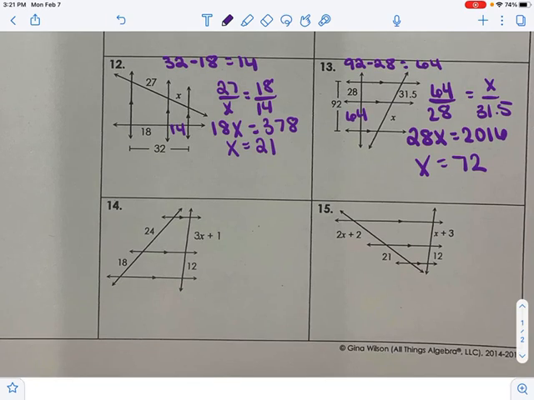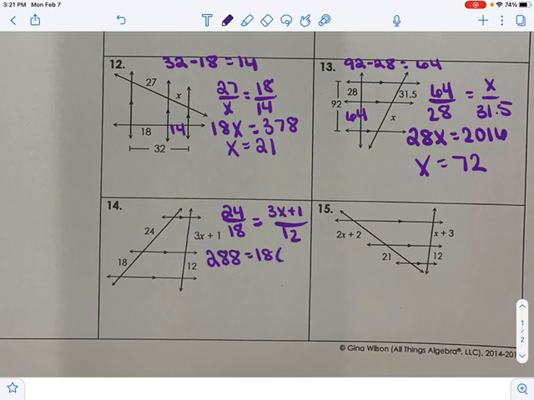And the last two, now x is no longer by itself. It has something with it, but it is the same concept. So 24 over 18 is equal to 3x plus 1 over 12. Okay, what is this? 12 times 24 is 288.